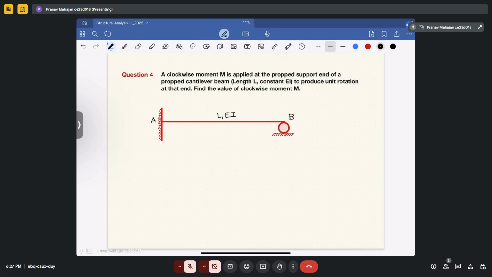Okay, so a clockwise moment is also applied at the roller end. Let me mark it like this, and it has a value of M. And due to this, how will the beam rotate? Okay, so let's draw the deflection profile. Its deflection profile will be something like this.